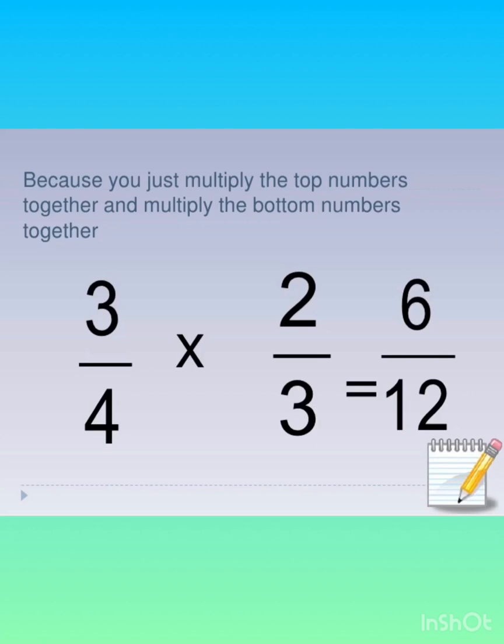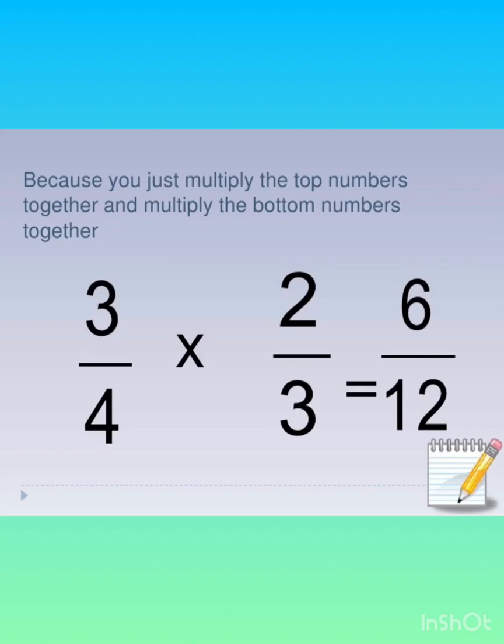You can see in this example, after multiplying numerators, we get 6, and after multiplying denominators, we get 12. So, the answer is 6 by 12.